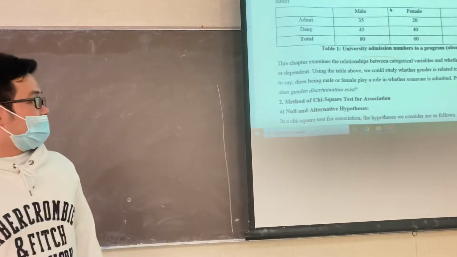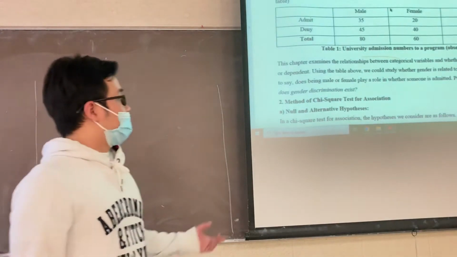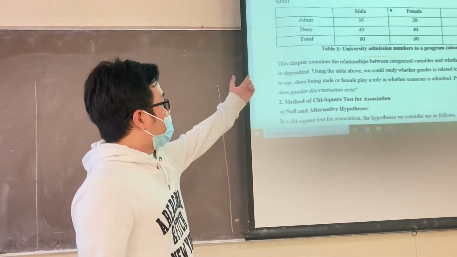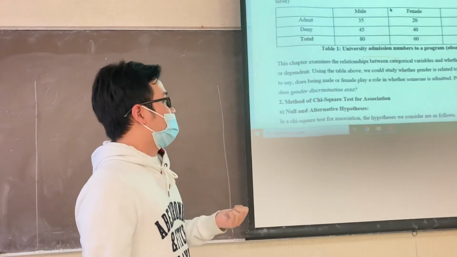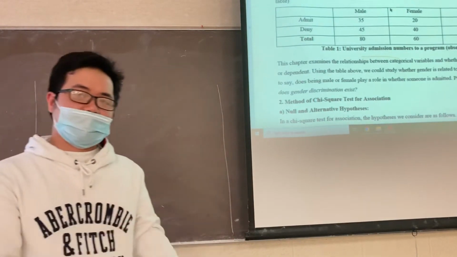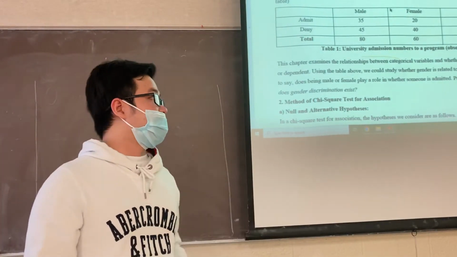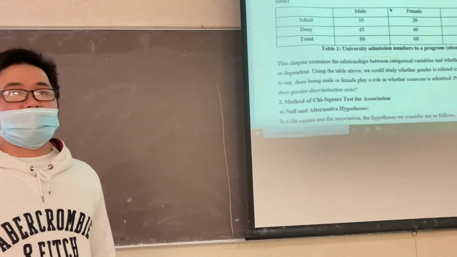And the question here is whether gender, male or female, is related to admission status. That means, when they accept students to the university, do they care about gender or not?